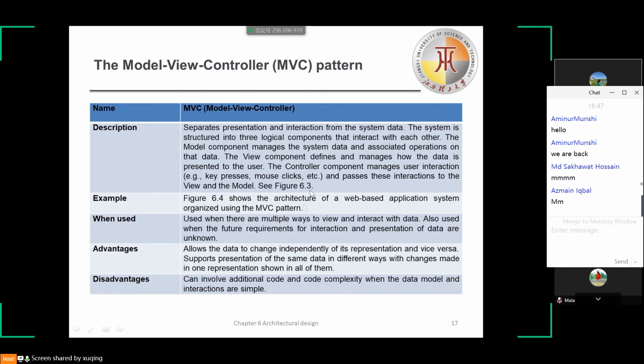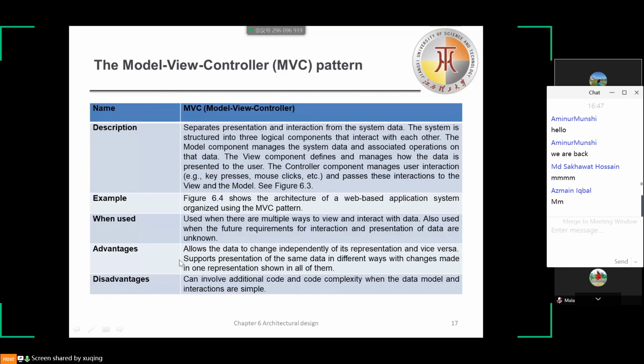And here we have provided a figure. For the example, we also have a figure to show the architecture of a web-based application system organized using the model view controller pattern. We use it when there are multiple ways to view and interact with data, and also when the future requirements for interaction and presentation of data are unknown.